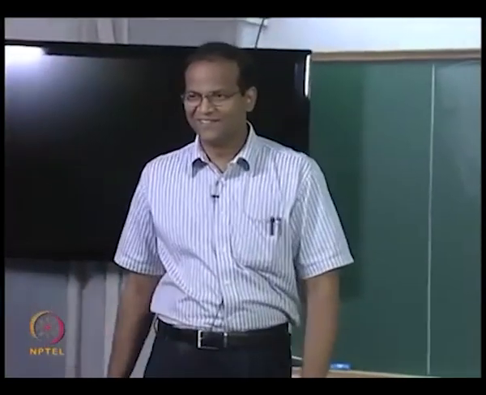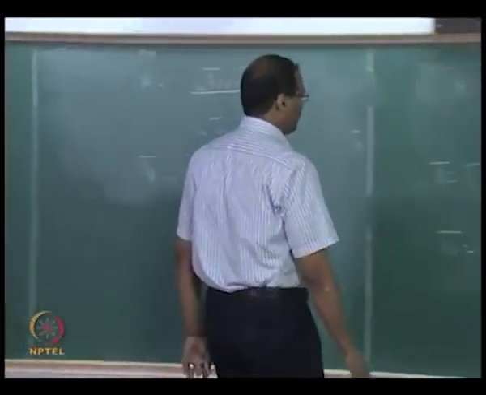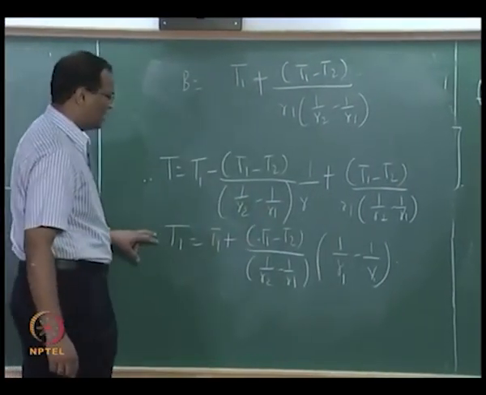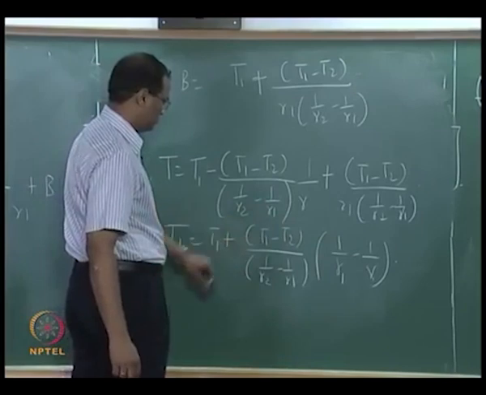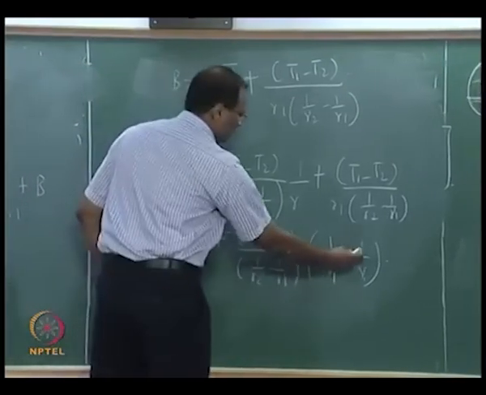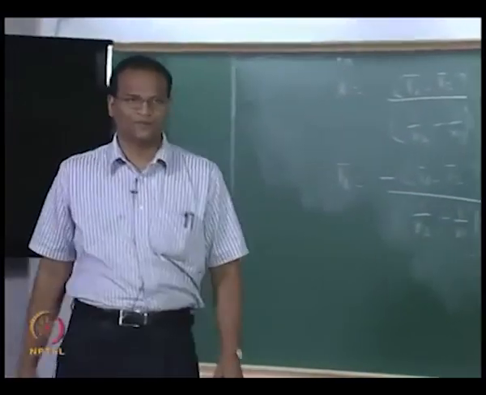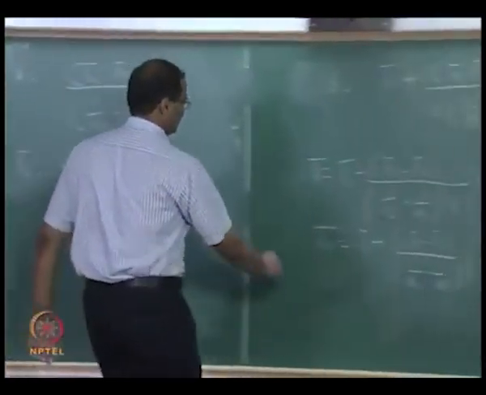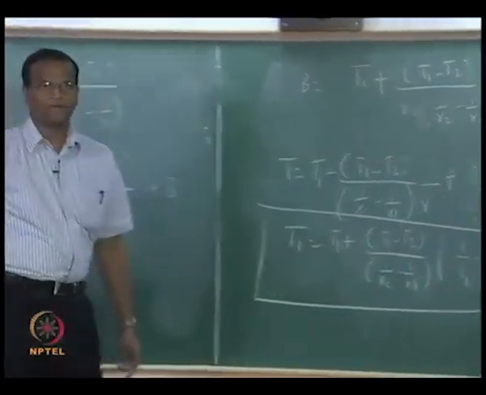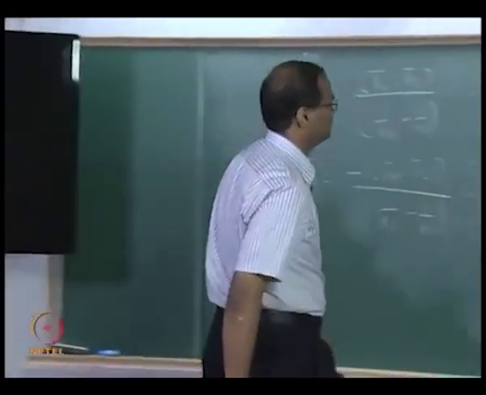Is it okay? Yeah, at R equal to R1, T equal to T1. This term vanished. At R equal to R2. Yeah. So this is 1 by R1 minus, this minus 1 is fine. Okay. Looks good.